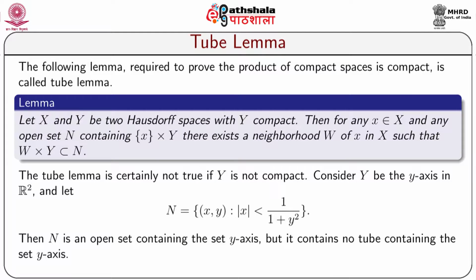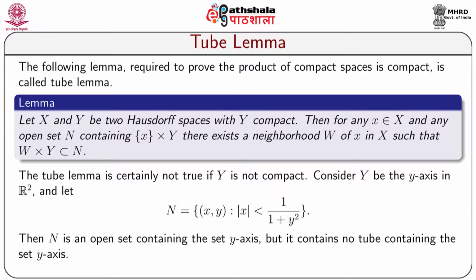The lemma says this: if X and Y are two Hausdorff spaces with Y compact, then for any x belonging to X and any open set N containing the slice {x} Cartesian product Y, there exists a neighborhood W of x in X such that W Cartesian product Y is contained in N.